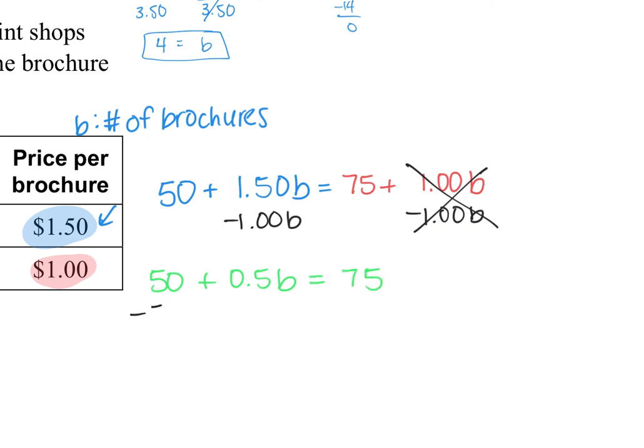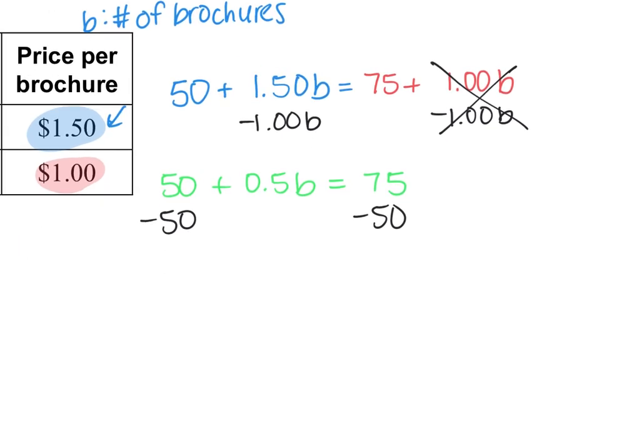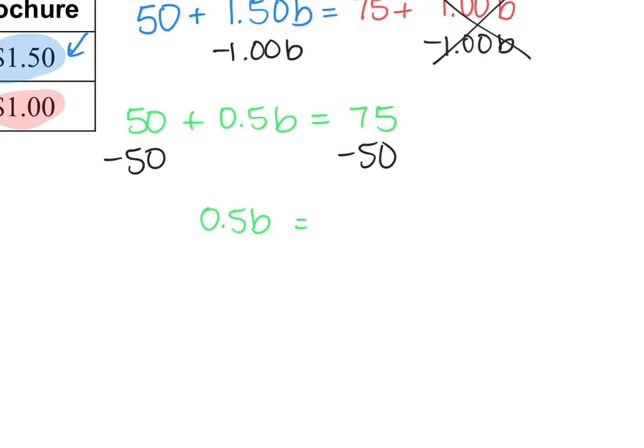Then I would just subtract 50 from both sides. Once I subtract 50, I'm going to get 0.5B equals 75 minus 50. This will be 25.